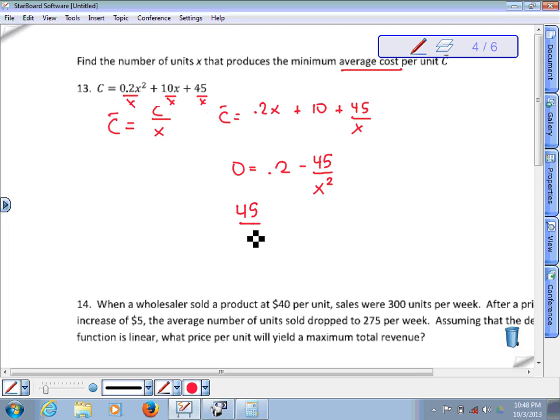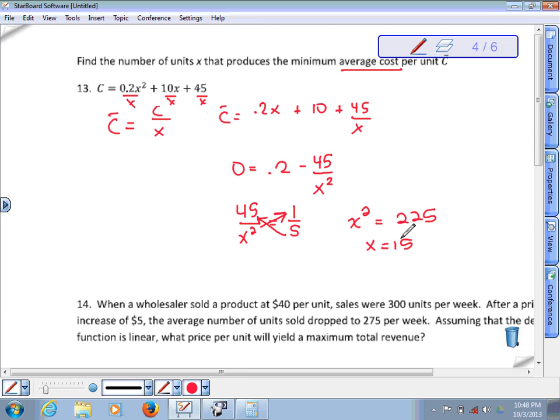It becomes 45 over x squared equals 0.2. I'm going to turn that into a fraction: 0.2 means 2/10, which is 1/5. Again, this is a proportion, two equal fractions, so we can solve by cross multiplying. We have x squared is equal to 45 times 5, which is 225. Square root both sides to get x equals 15, and again we're only considering the positive.